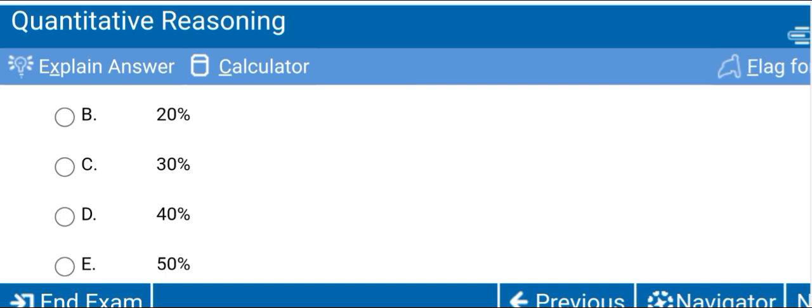So here we have these 5 options. Let's see which one is the correct option and which ones are incorrect.